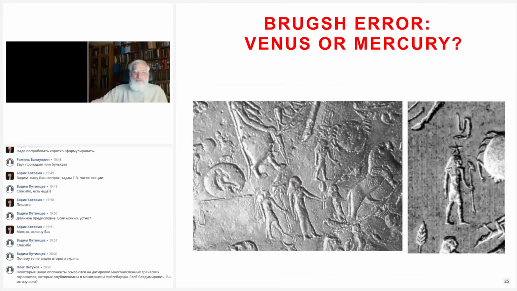So, Brooks made a mistake here. Of course, both options should have been considered, but there is actually an explicit Venus here, two women together. Therefore, it is Mercury because there is a double female planet, Venus.